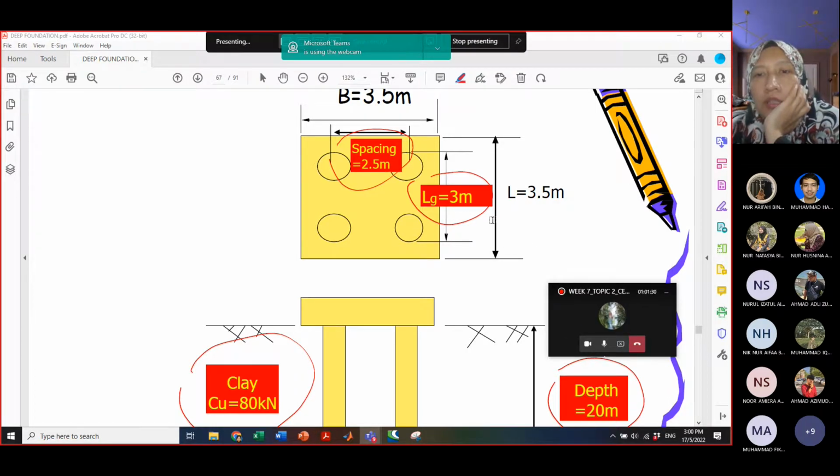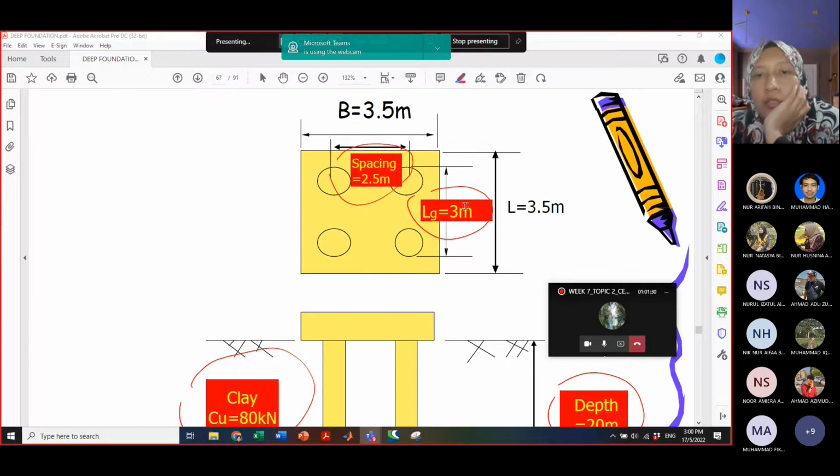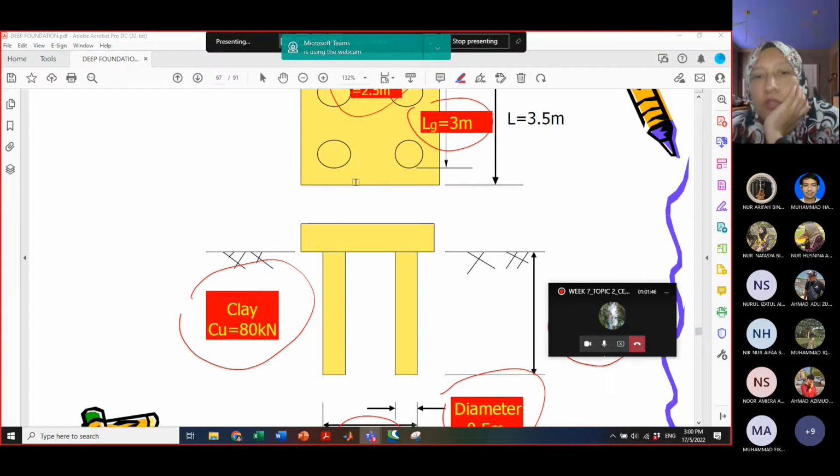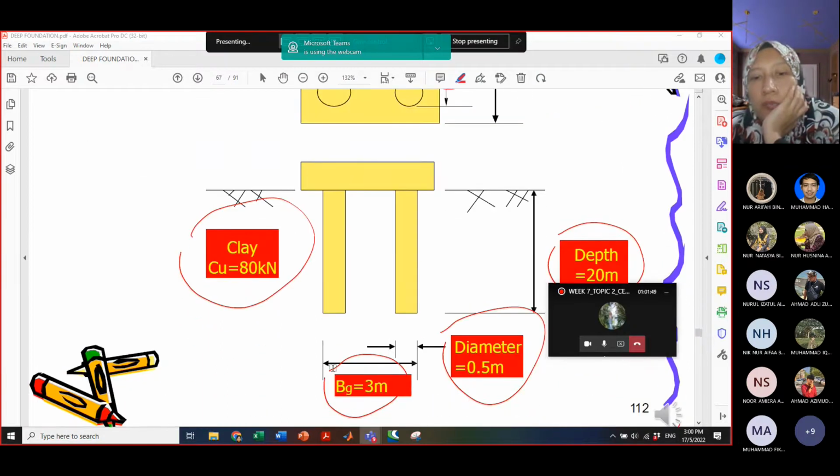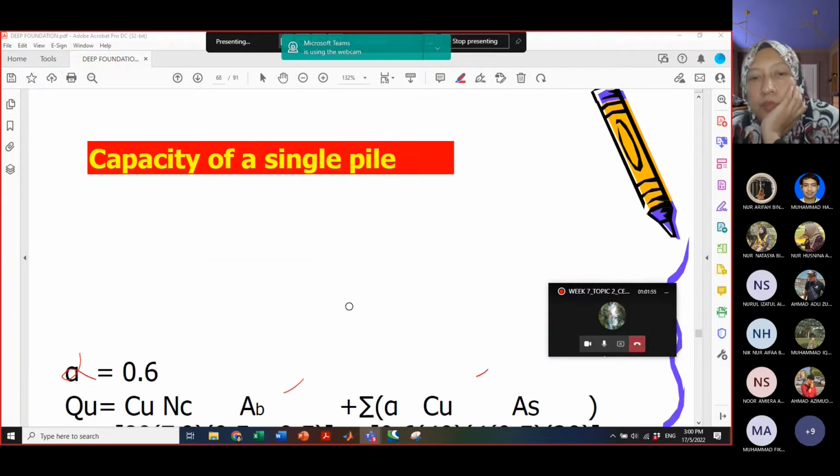Okay, the total length is 3.5 meter. The total B also 3.5 meter. So 2.5. Okay, so given that here LG is 3. So BG also 3. So the pile group in the clay, you have to estimate individual and the pile group capacity.